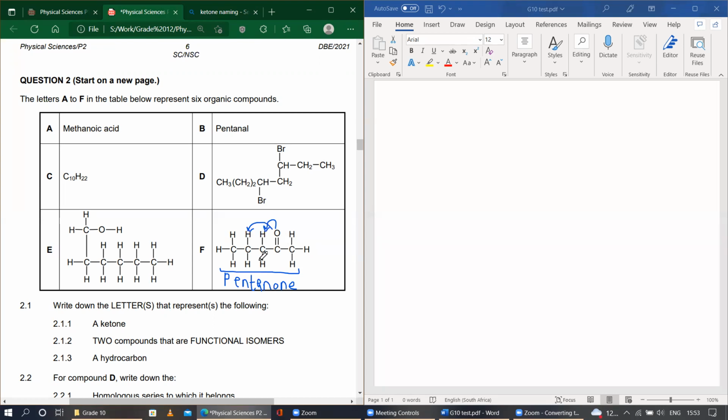If you move it to the middle, that's the only position where the name can change. Let's say this is carbon number 1, this is carbon number 2, this is carbon number 3, this is 4, and this is carbon number 5.